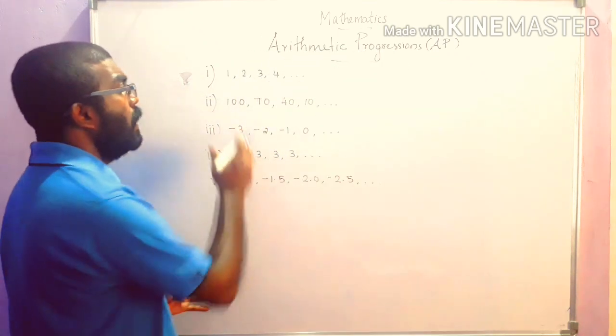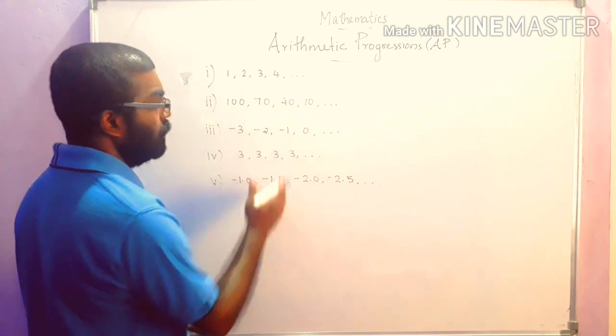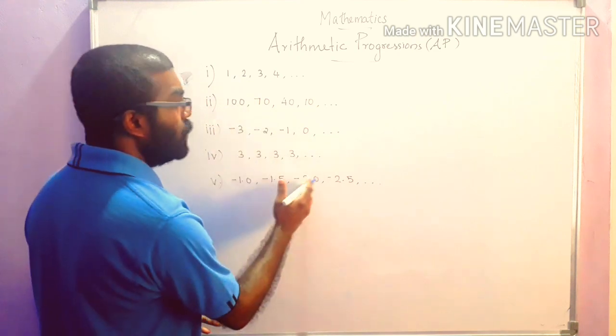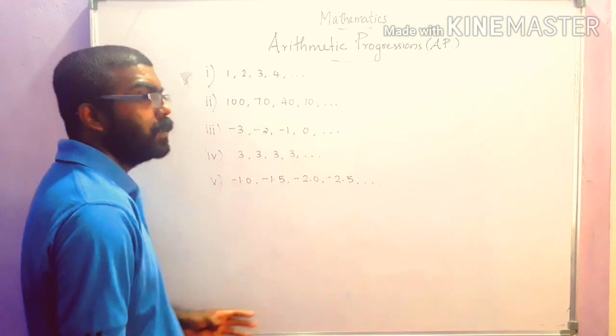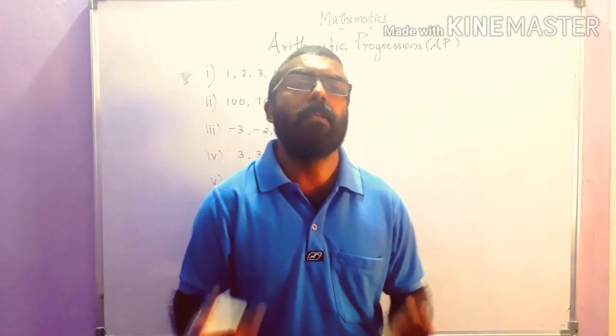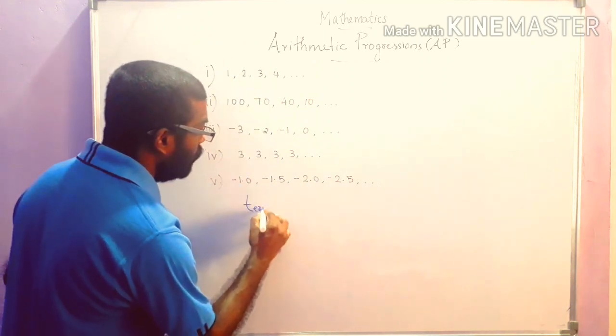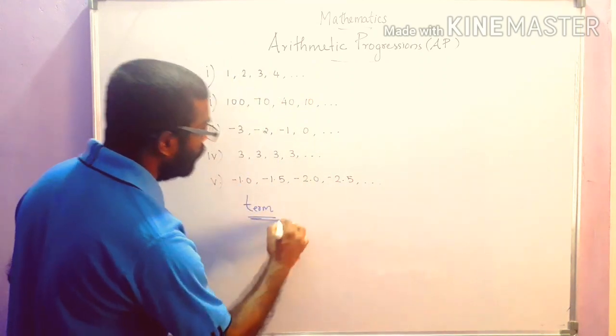That means 100 is a term, 70 is a term, -2 is a term, 3 is a term, -2.0 is a term. So each and every number in the list is called what? Term. Term of the sequence.